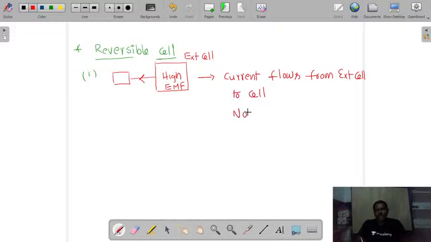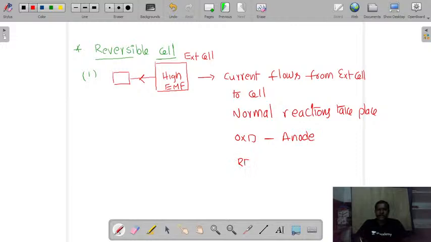Then normal reactions take place at the respective electrodes. Normal reactions means oxidation takes place at anode, and reduction takes place at cathode.